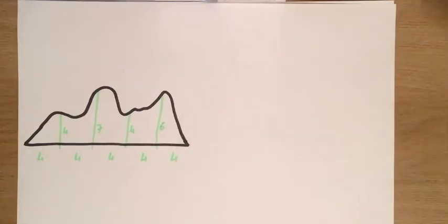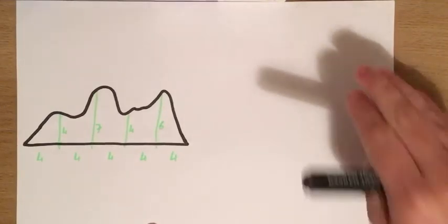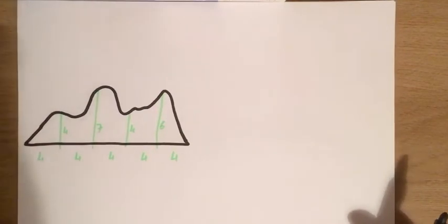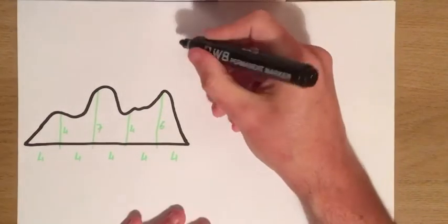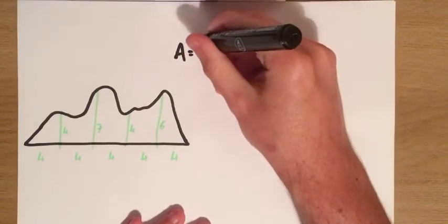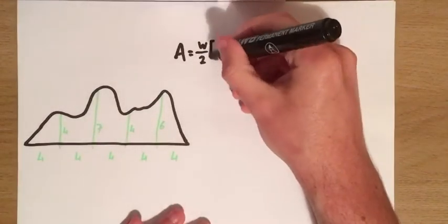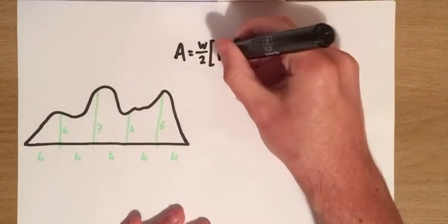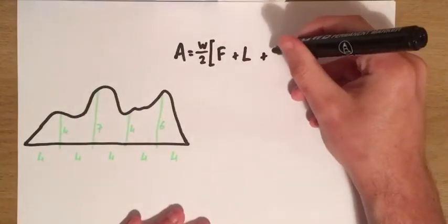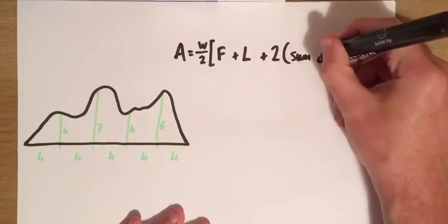So to get the area of this in the log tables, as I said, I would write out that formula as it is in the log tables. I'm going to skip to our shorthand, more user-friendly way of writing it. So your area is equal to the width of a strip over 2 multiplied by first height plus last height, plus 2 times sum of the rest.